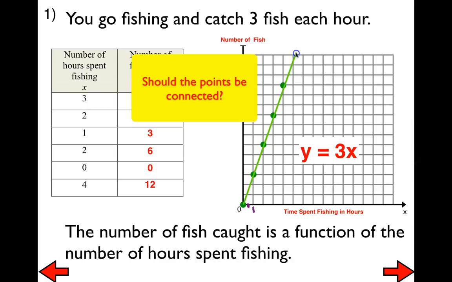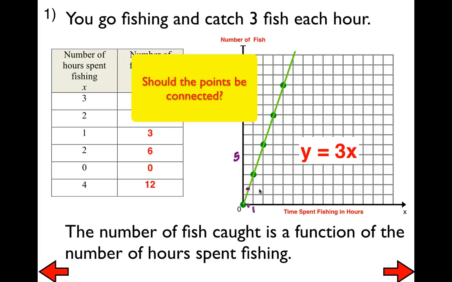If I were to draw a line like so, about half an hour is going to give you this many fish. If you remember, we went by 1, so 1, 2, 3, 4, 5. Well, according to this line, in half an hour, I would get about 1.5 fish approximately.